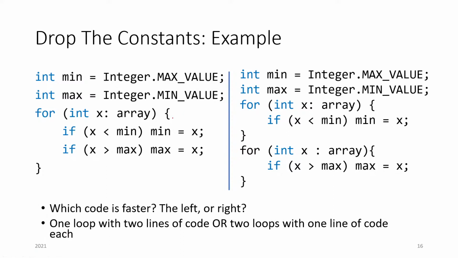So for our array on the left-hand side, if our array was of size n, that means this loop that we see here is going to run n times, once for each of those elements.